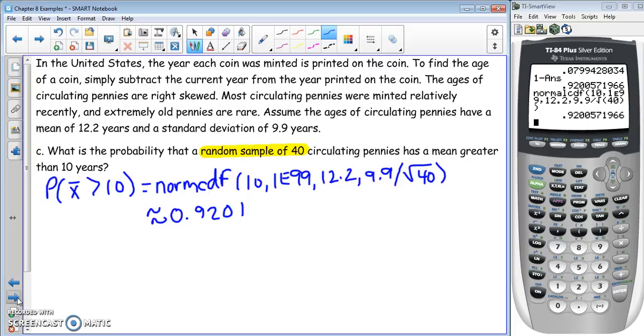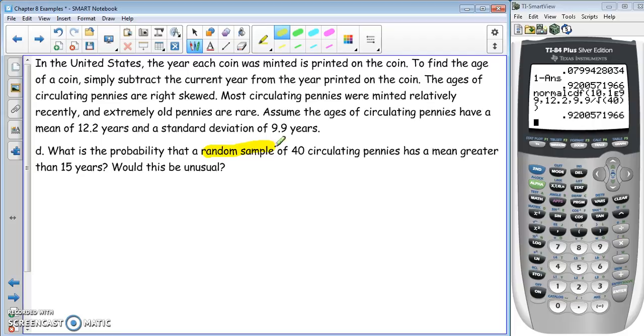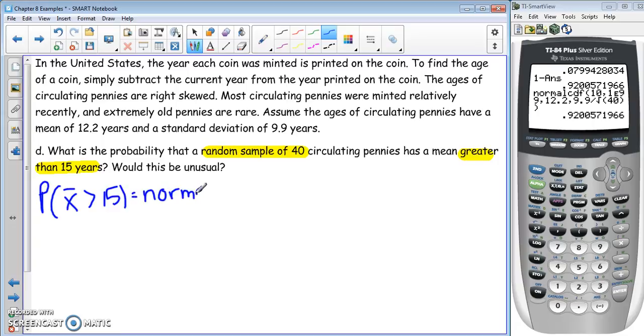For the last part, we're again looking at a random sample of 40 and a mean greater than 15 years. We want to know the probability that x bar is greater than 15. We're going to do normal CDF, 15, comma 1E99, and then our mean, and then our standard deviation of the sampling distribution.